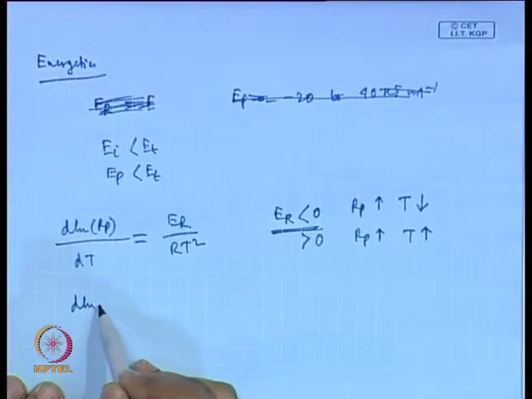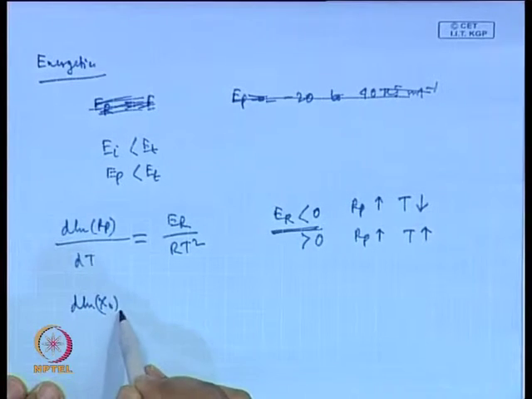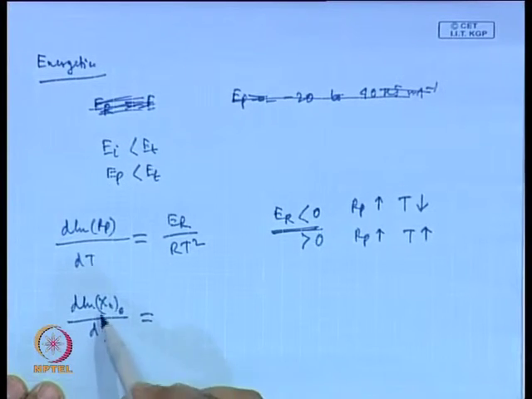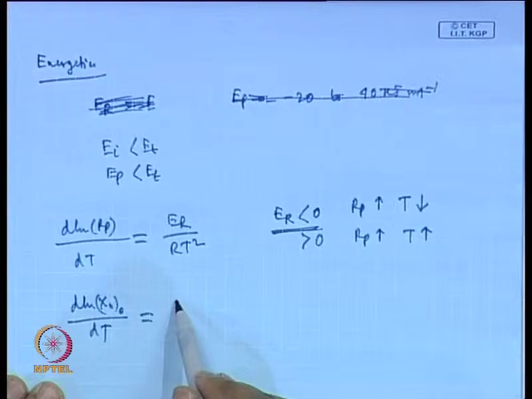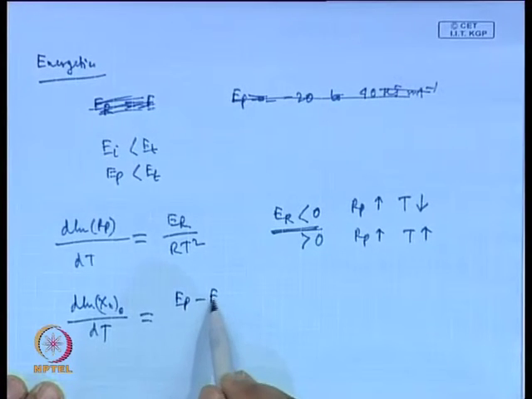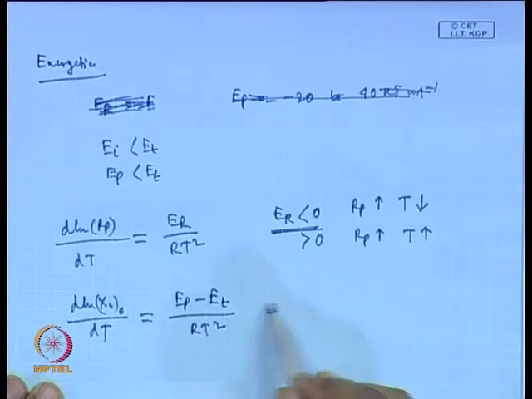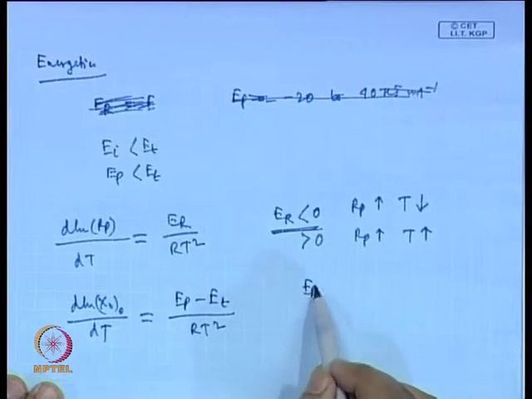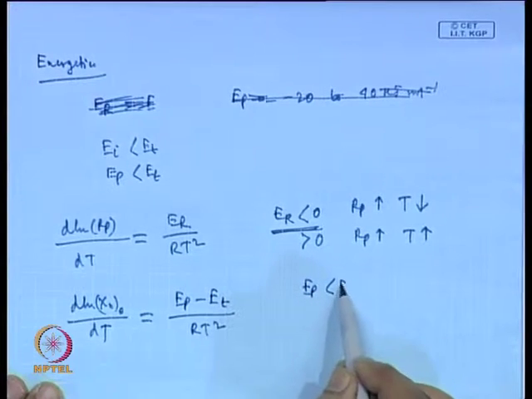Similarly, you can write the expression for the molecular weight, x n 0, in absence of chain transfer reaction. Now, as we just said, E P is less than E T in most general cases.